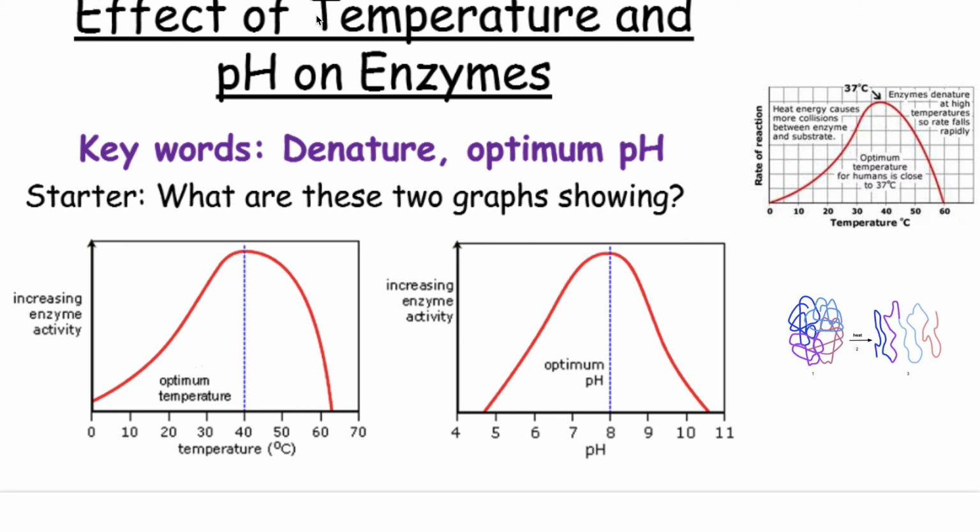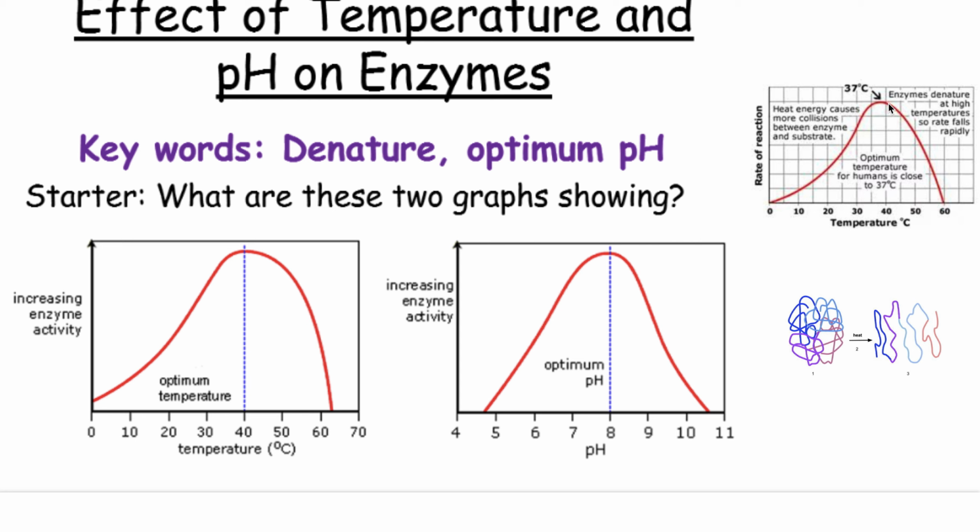So they're specific for temperature. Think about our body: body core temperature is about 37 degrees Celsius. The majority of the enzymes in metabolism and in many other chemical reactions in our body have an optimal temperature in and around 37 degrees Celsius.